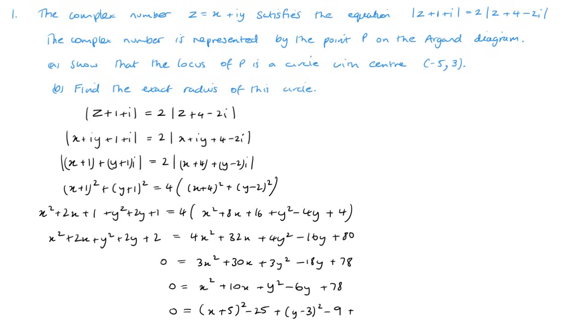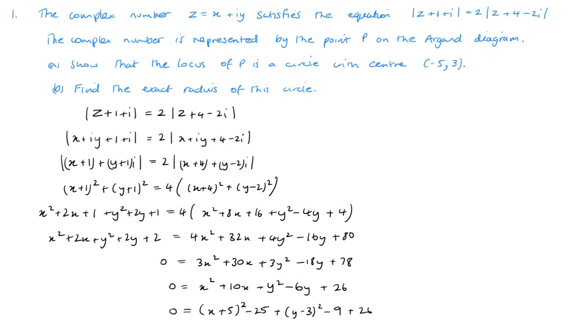Sorry, this is wrong up here, 26. Forgot to divide the 78 by 3 there. So 26 minus 25 minus 9 is 8.